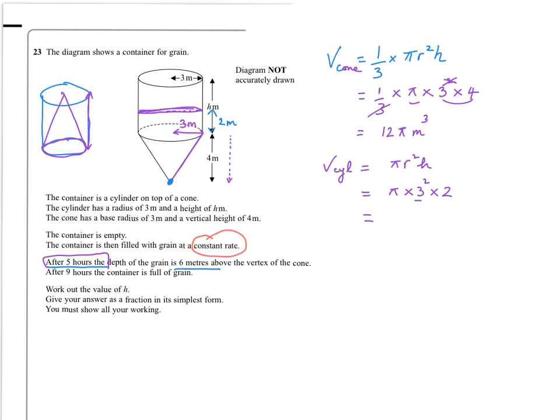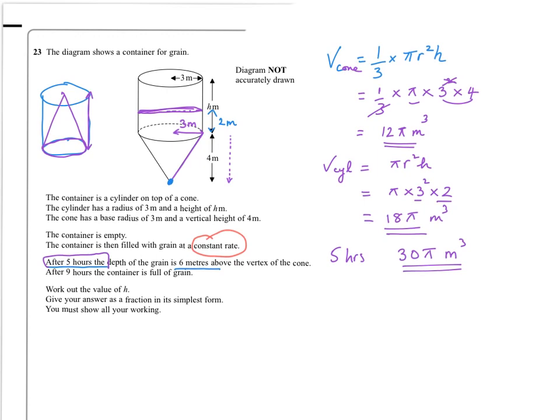So that's going to be 9 times 2 is 18 pi. So we know after 5 hours we've got 18 and 12, and this is meter cubes as well. We've got 18 pi and 12 pi, which is 30 pi meter cubes is full. Okay, that's how much sand there's going to be in there, 30 pi meter cubes worth.